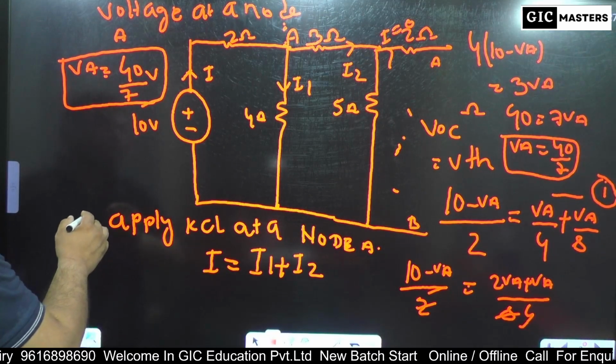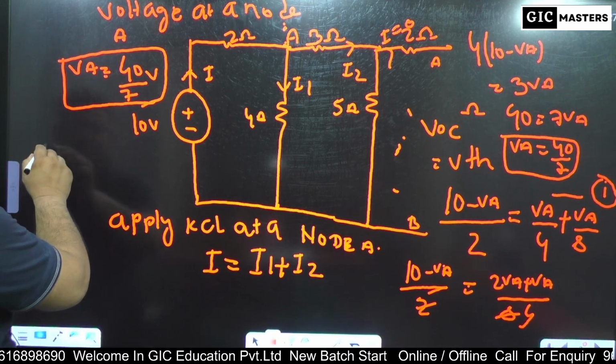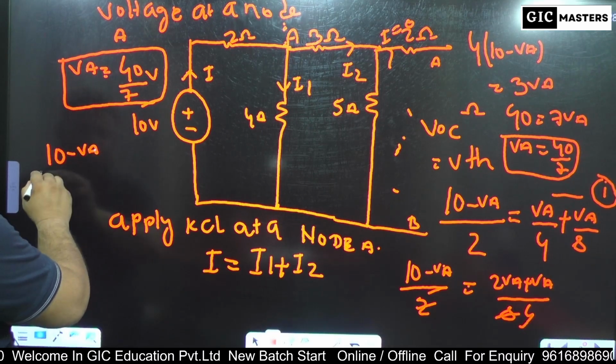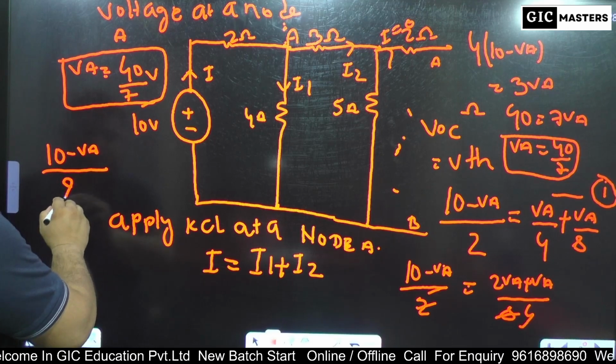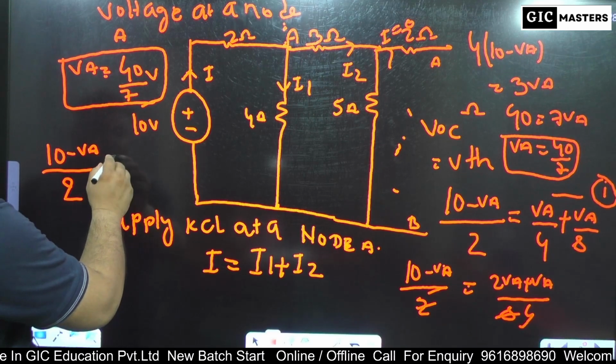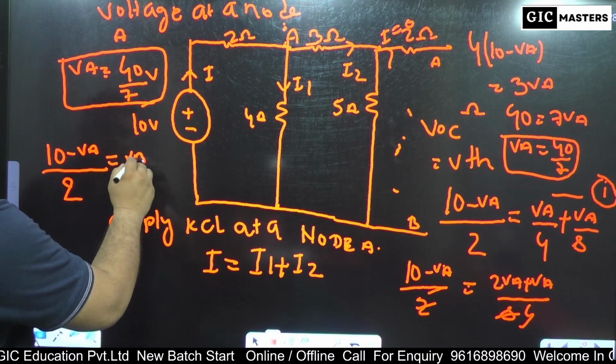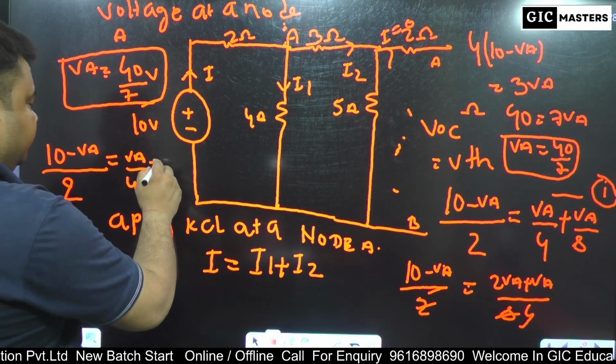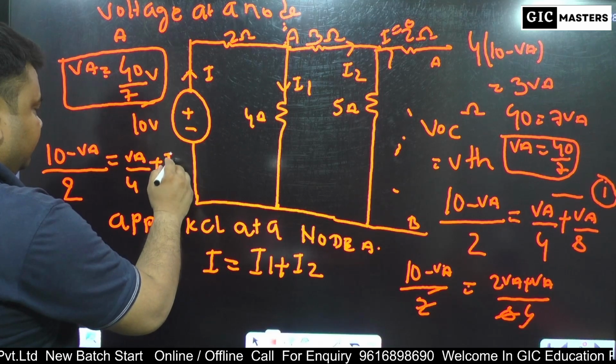So (10 minus VA) upon 2 equals VA upon 4 plus I2.